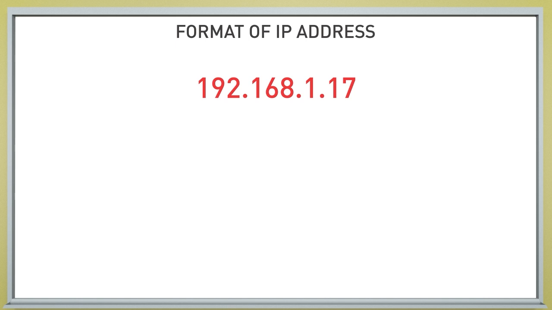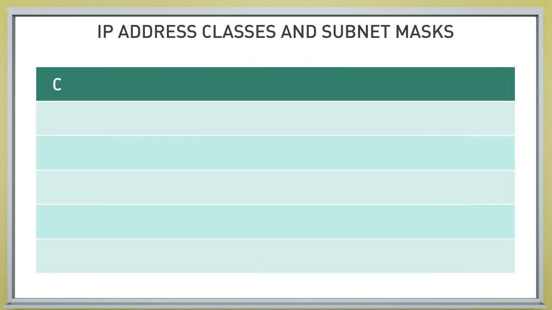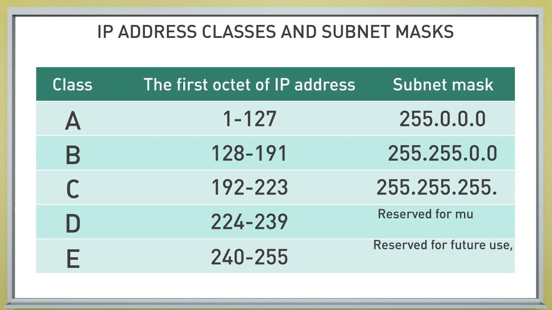How to determine where in the IP address is the network number and where is the host number? Before we delve deeper into subnet masks, let's discuss IP address classes. IP addresses are divided into classes A, B, C, D, and E. For the purpose of subnetting, we will focus on classes A, B, and C, as they are commonly used in networking.